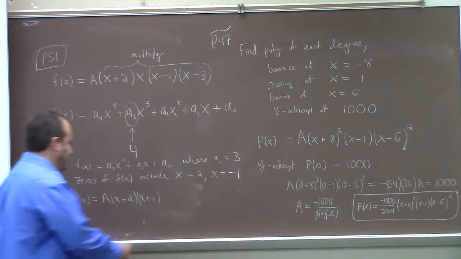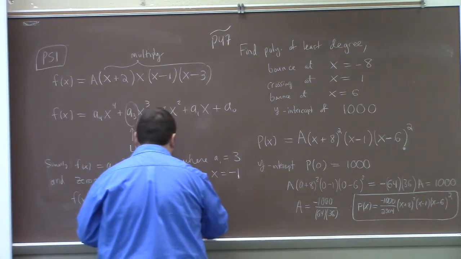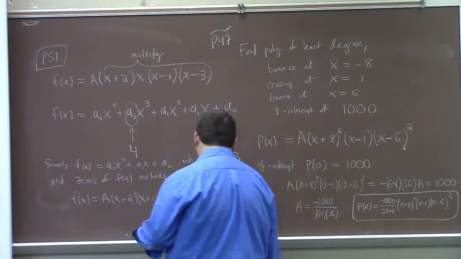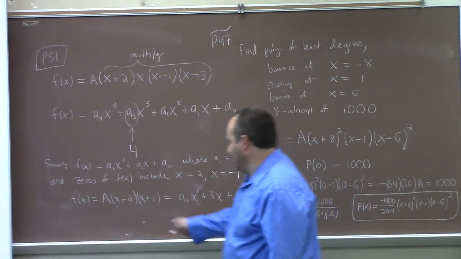That would be equal to a2x squared plus 3x plus a0. And then I could multiply this out.